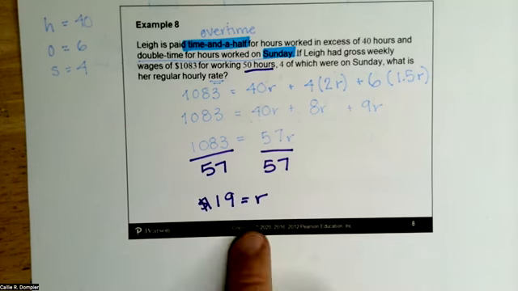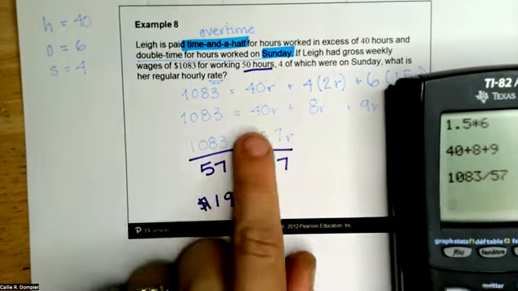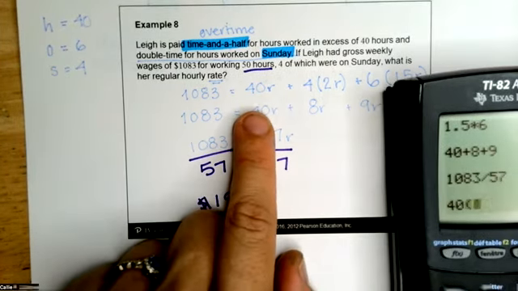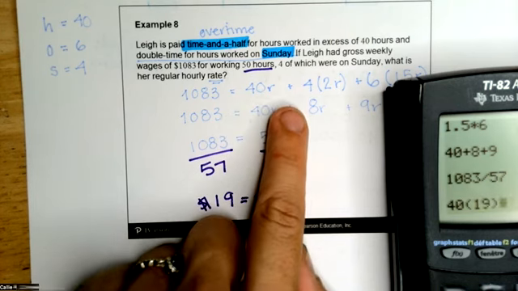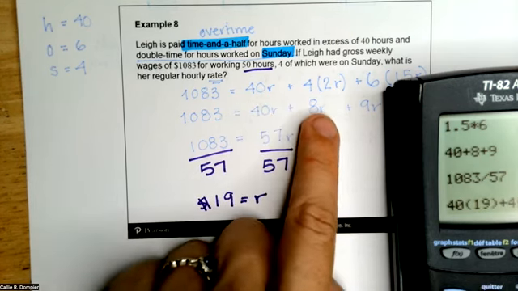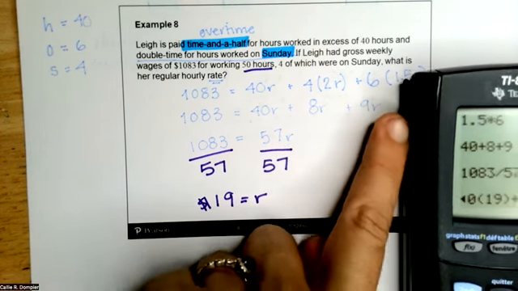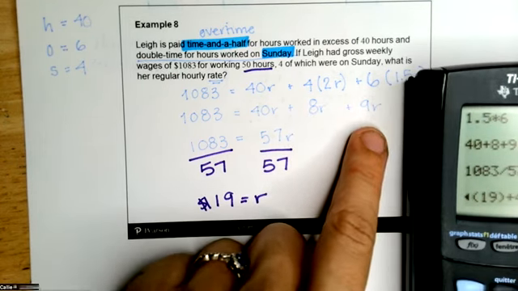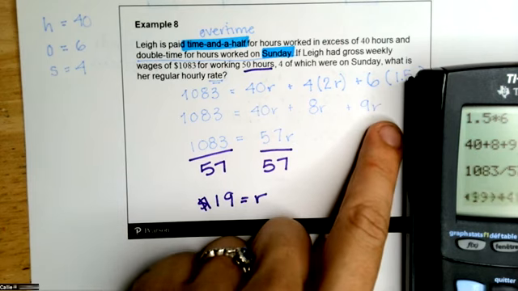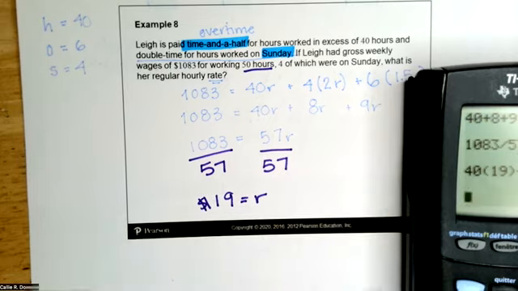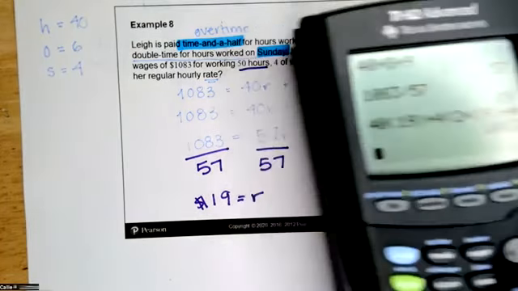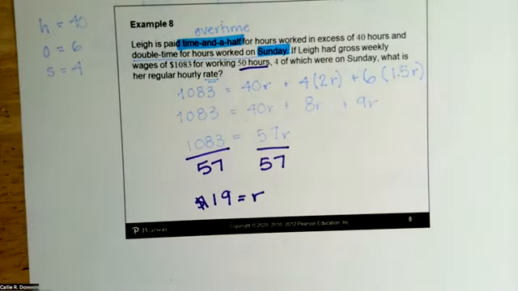Regular hourly rate is 19, so I can put that back in here. 40 times 19 plus 4 times 2 times 19 plus 6 times 1.5 times 19, and we get $1,083. So that does make sense with the equation that we worked.